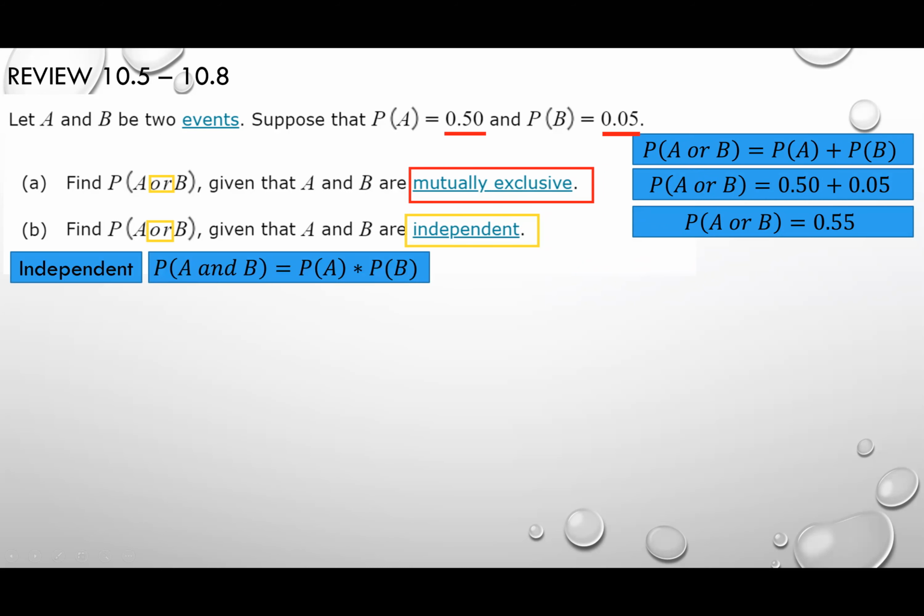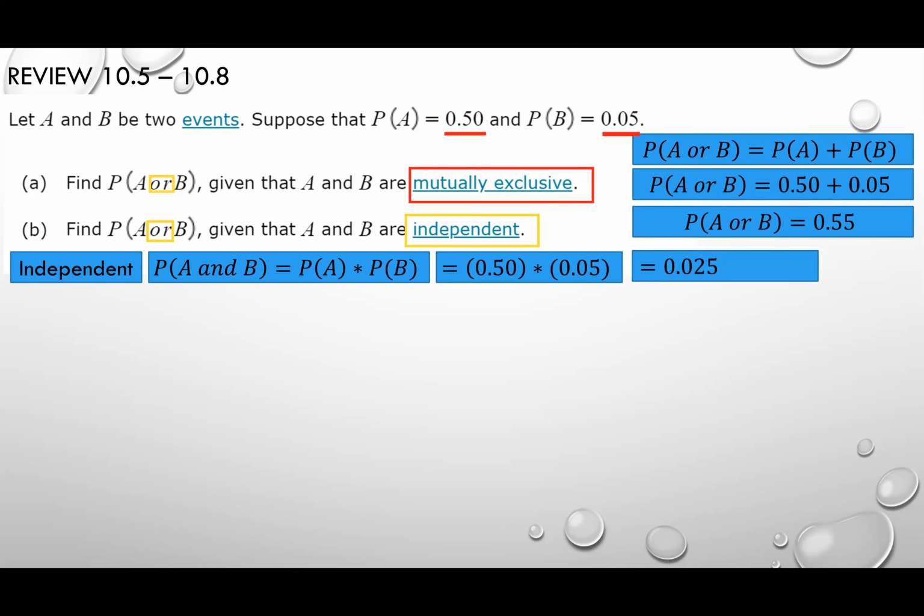The independent item is basically the probability of A and B, which is the probability of A multiplied by the probability of B. That's what independent means, right? But when you multiply the two together, you find the and portion, the independent criteria.